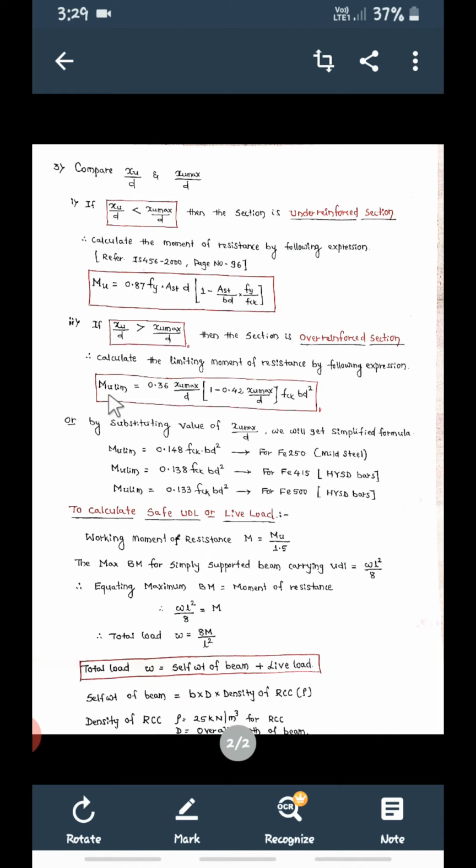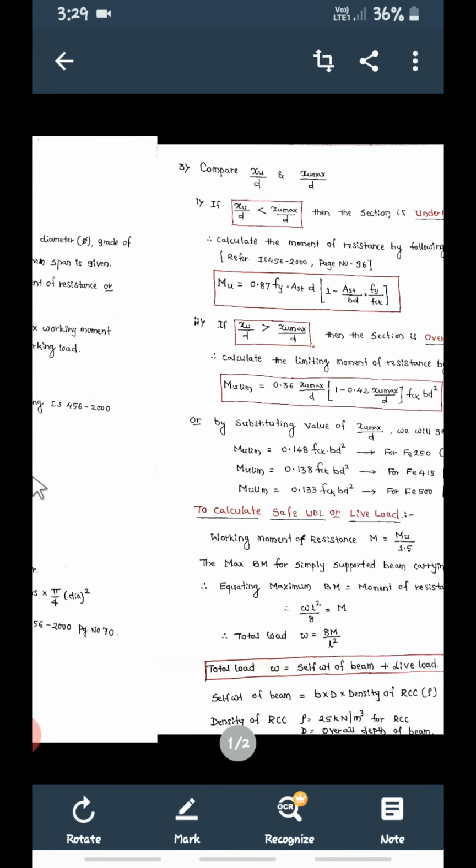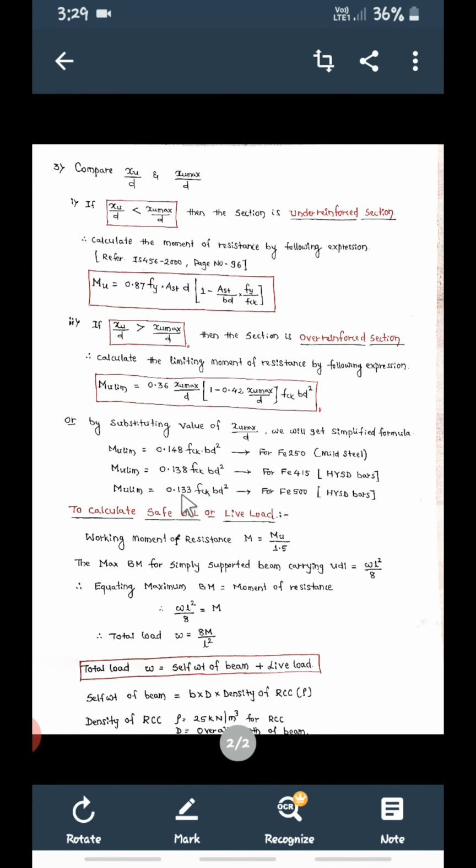So we get Mu limit is 0.138 fck bd square for Fe415 grade steel. Then for Fe500 grade steel, you substitute xu max upon d as 0.46, so Mu limit is equal to 0.133 fck bd square.